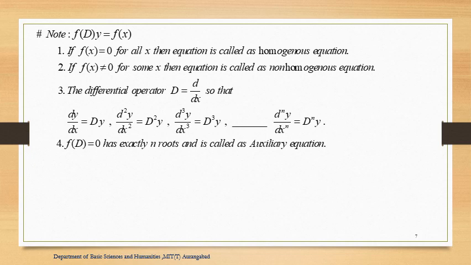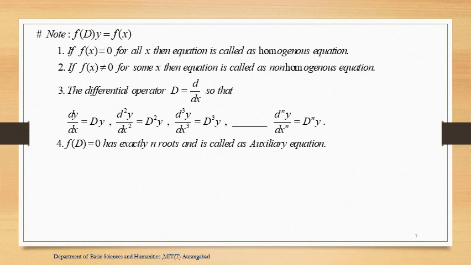Similarly, d cube y upon dx cube, that means the third order derivative of y with respect to x, can be written as D cube y, and so on, d raised to n y upon dx raised to n, that means the nth order derivative of y with respect to x, can be written as D raised to n y. Fourth point is f of D is equal to 0 has exactly n roots and is called the auxiliary equation.